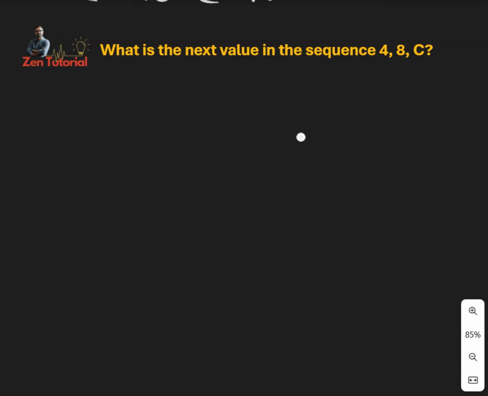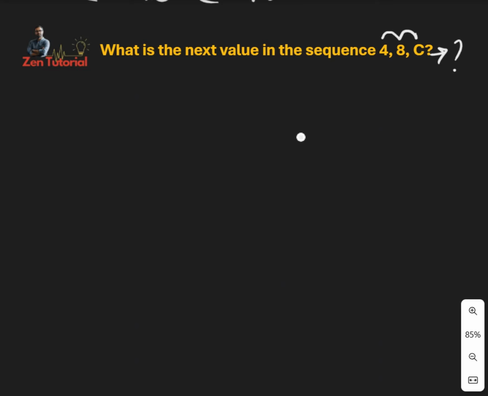What is the next value in the sequence 4, then 8, then C? So of course, this is hexadecimal number. So what will be next to C in hexadecimal?